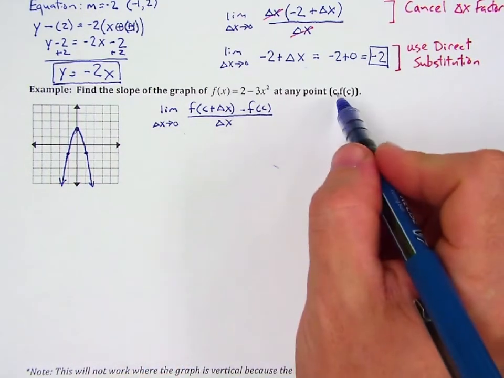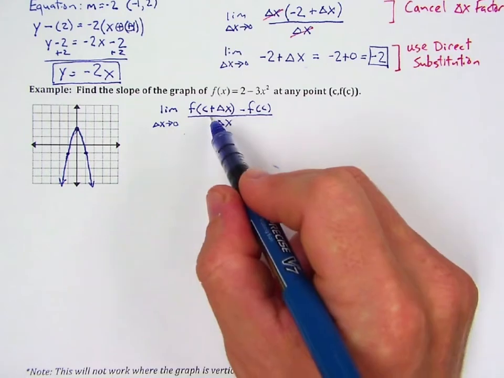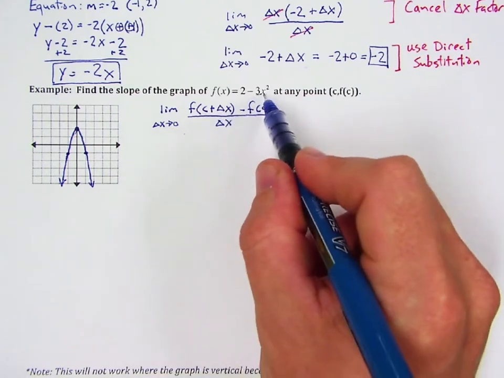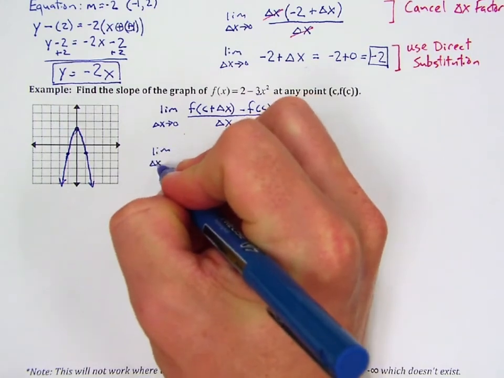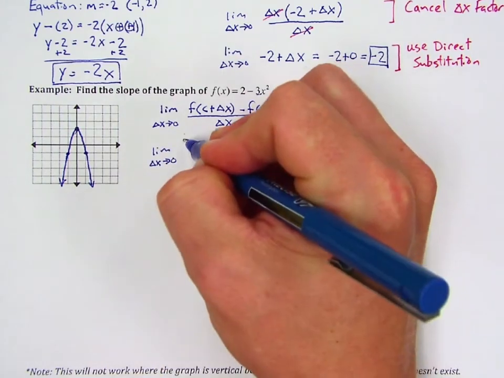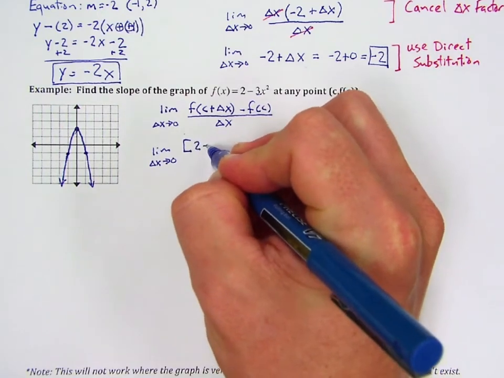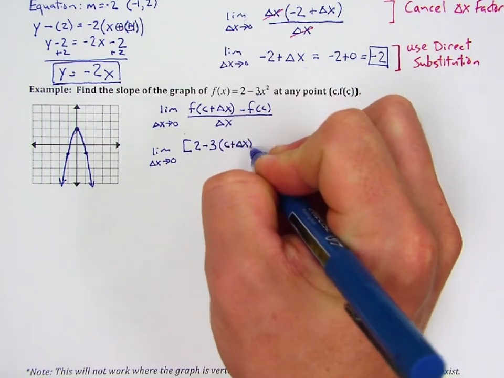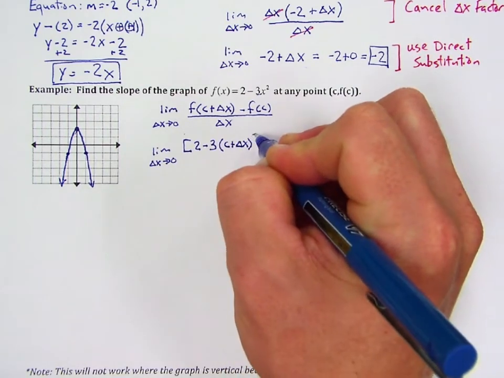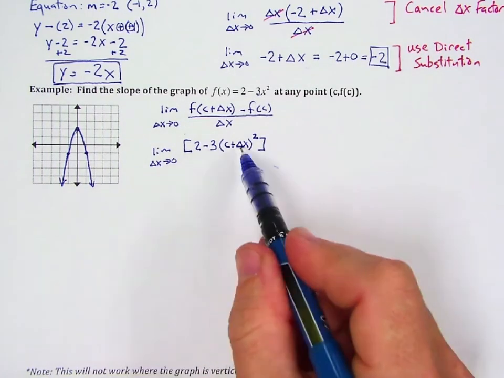Now, we don't have a c to substitute in there, so we're going to jump straight to plugging this into f of x. Okay, so remember the square brackets.